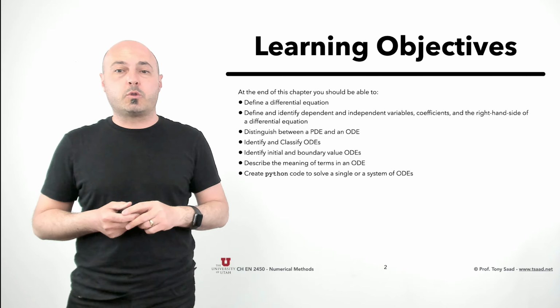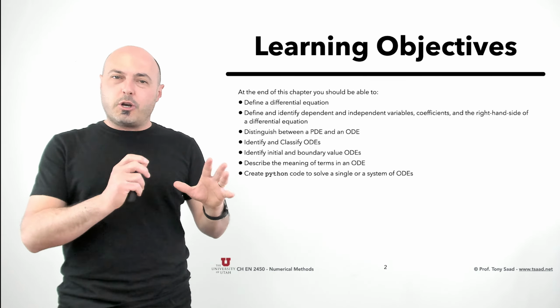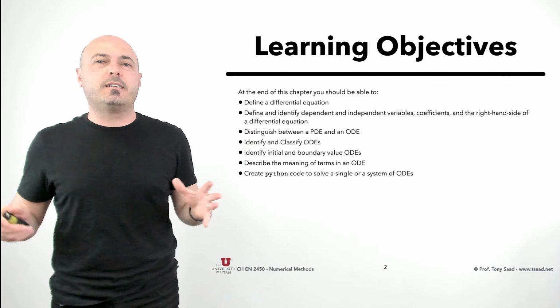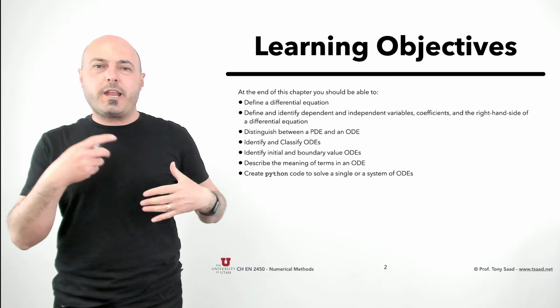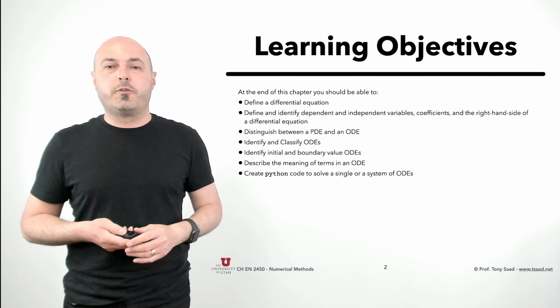Create Python code to solve a single ODE or a system of ODEs. We're going to try to do this on our own, but then we're going to use odeint as provided in Python, so that we don't have to worry about writing our own solver routines.